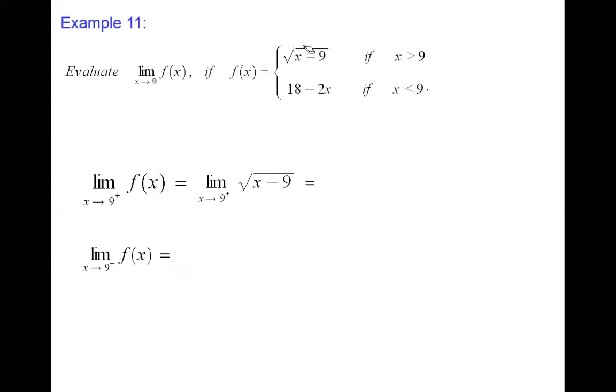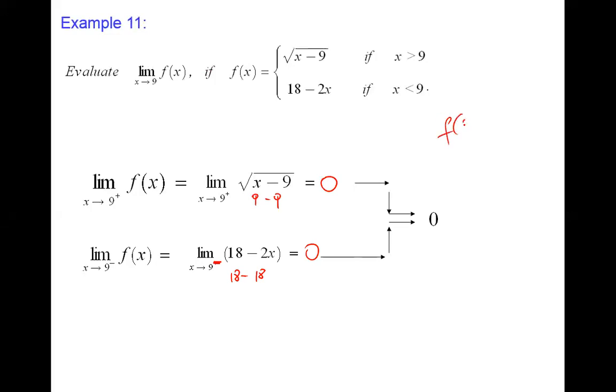On the right-hand side, the formula is the square root of x minus 9, and on the left-hand side, it's 18 minus 2x. Substituting 9, we get 9 minus 9, which is 0, and 18 minus 2 times 9 is 18 minus 18, which is 0. That means both of the limits are 0, then the whole limit is 0. But please remember, the value of the function is not defined, it doesn't exist.